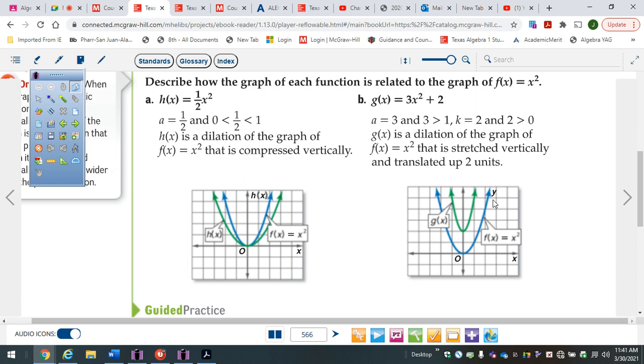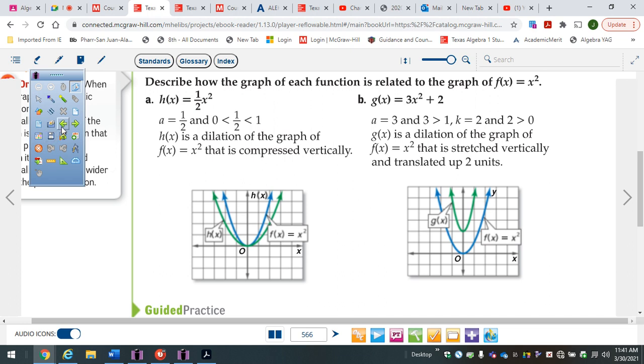This one over here, I forgot to show the words on this one. The dilation, okay, so they did what? Translated 2 units up and stretched vertically. Okay, so there's a lot of keywords that we need to work with here. I forgot to mention this part about when compressed, these right here.